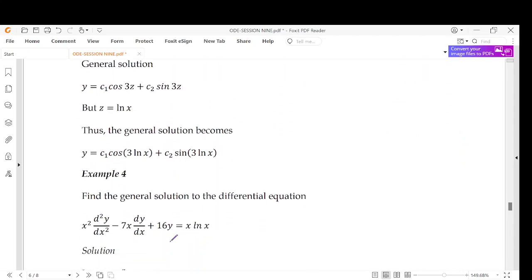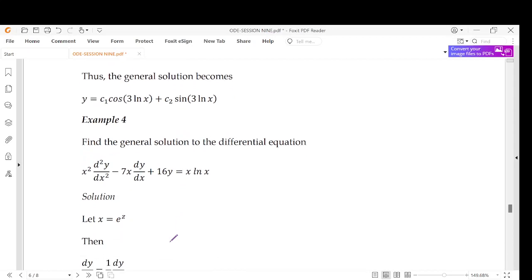Now, in this example 4, we have a non-homogeneous differential equation of the same type. So when we write x is equals to e raised to power z, then z becomes a logarithm of x.